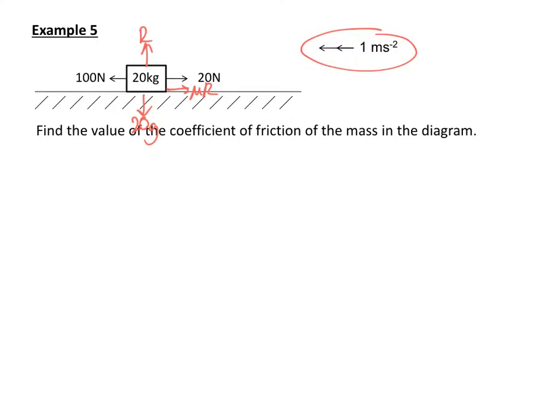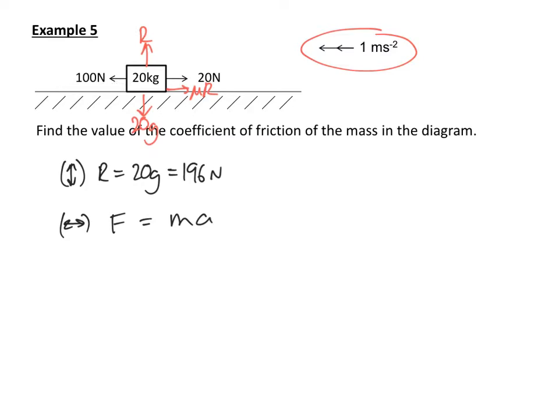So let's put all this in now. Again, same sort of thing. Let's resolve vertically to find R. R is 20g, which is 196 newtons. Horizontally, because it's moving with an acceleration, we can use Newton's second law. So F equals ma. And let's fill in.